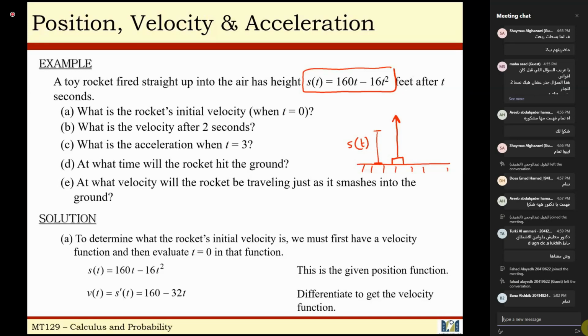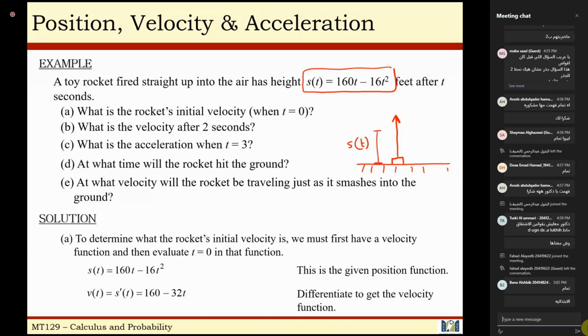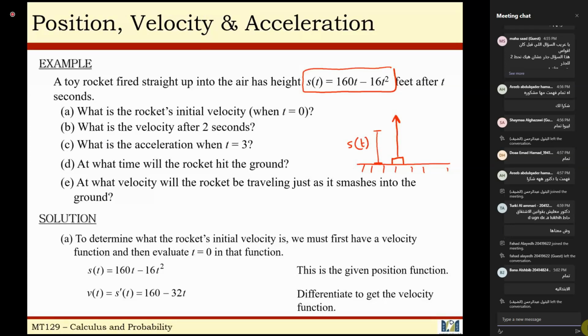Now, what is the rocket's initial velocity? Initial velocity means the velocity at time zero, at the moment of launch, when the time is zero. The force that pushed the rocket at time zero gave it its speed, which we call the initial velocity. So to find the velocity we must find v of t, and v of t naught, where t naught is the initial time.